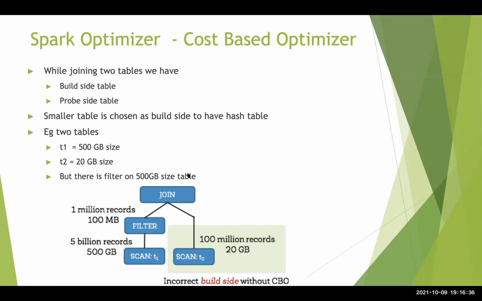If you don't do any optimization, by default Spark will think that this is the smaller table because this is 5 billion and this is 100 million. It will try to make this your build side table and see if this can be used as a broadcast variable, and a broadcast join can happen over this.